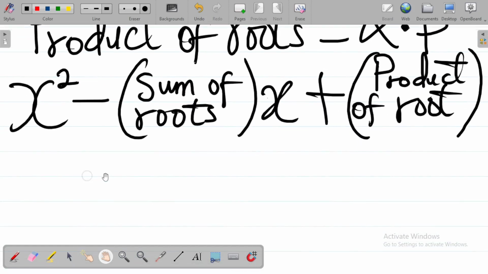So x squared minus sum of roots multiplied by x plus product of roots is equal to 0.